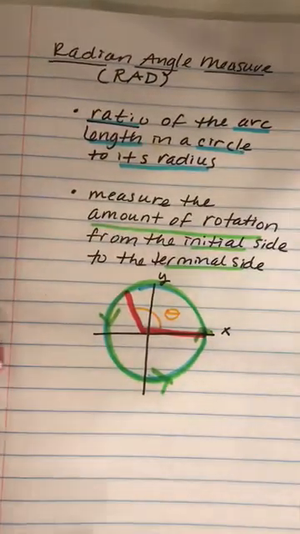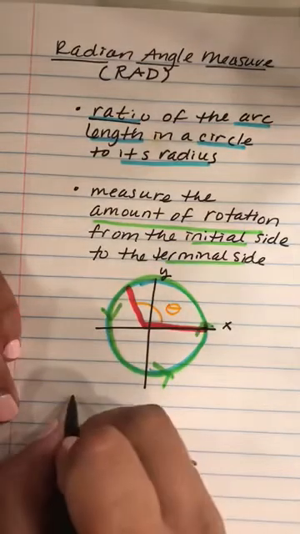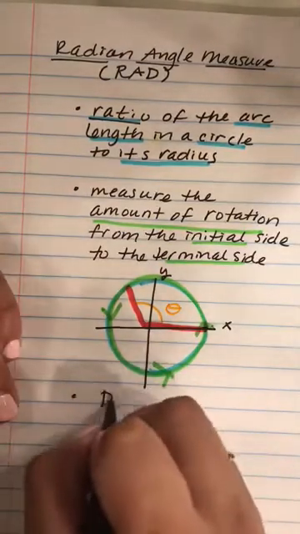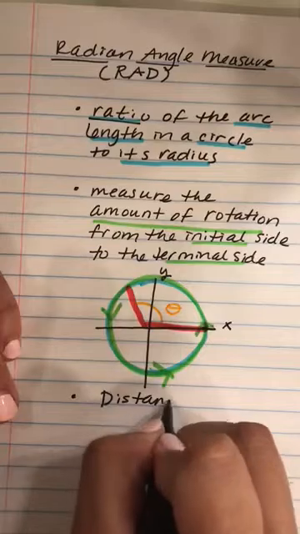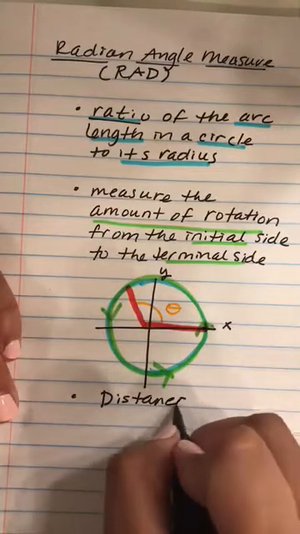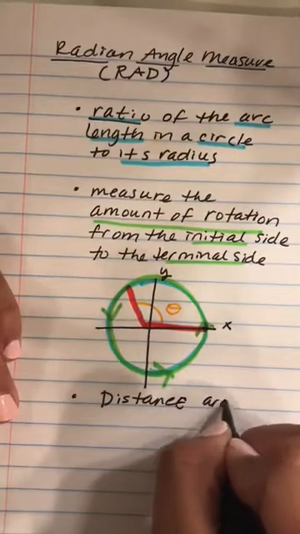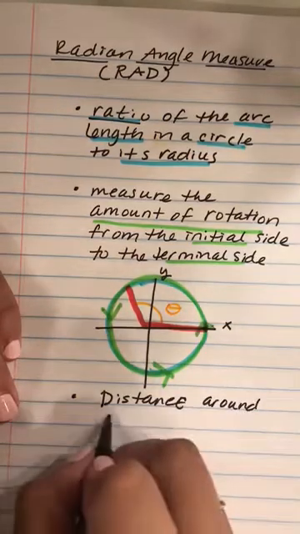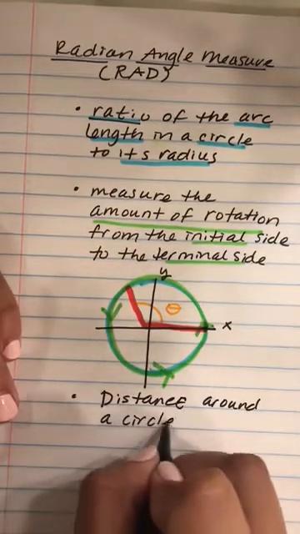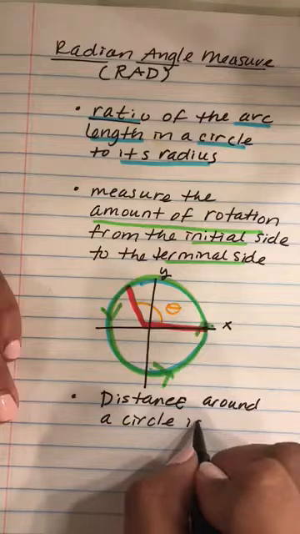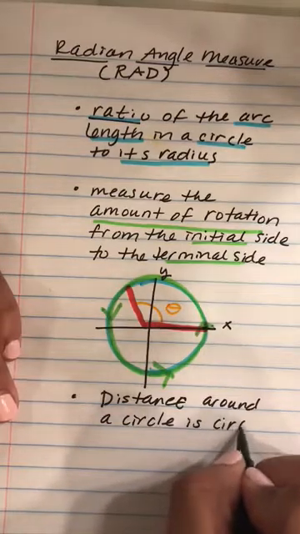When you have this information, you're saying that you have the distance around a circle, and that's the circumference.